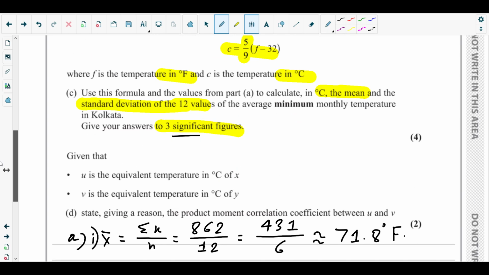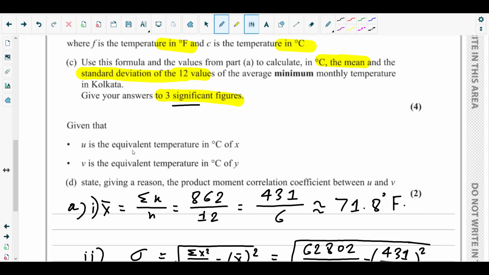Okay, let's move to part D. Given that U is the equivalent temperature in degrees Celsius of X, and V is the equivalent temperature in degrees Celsius of Y, state, giving a reason, the PMCC between U and V.